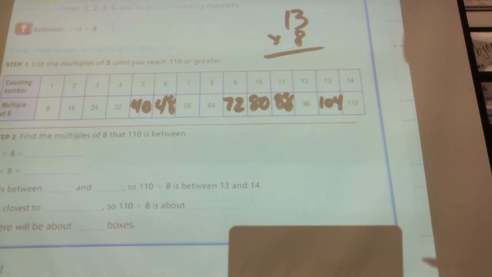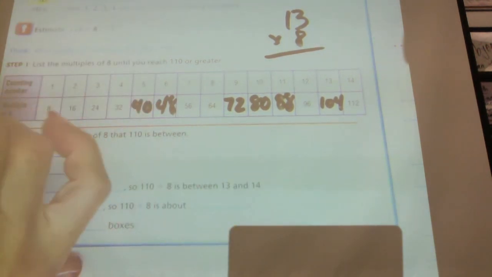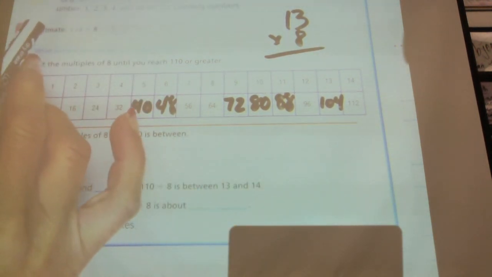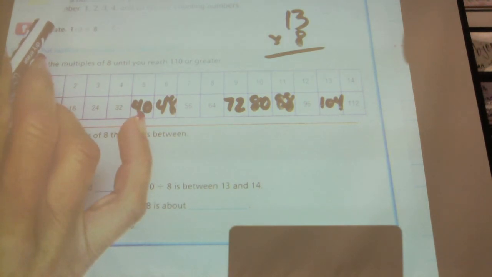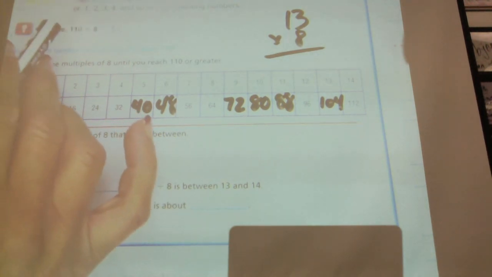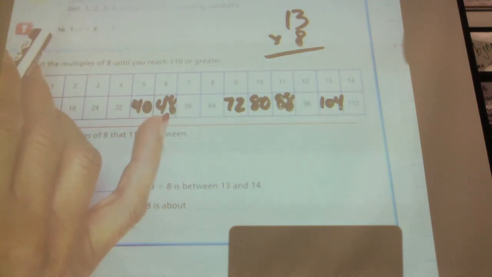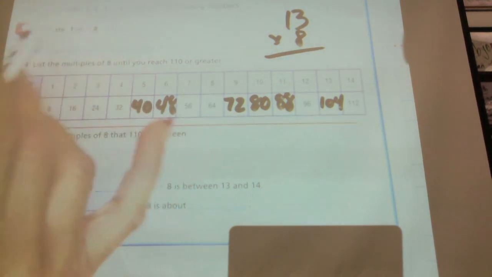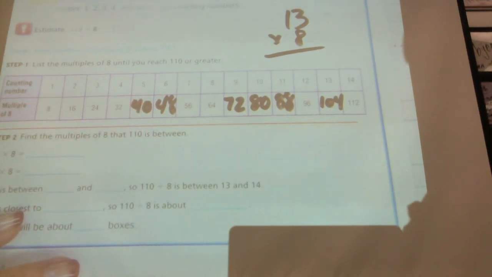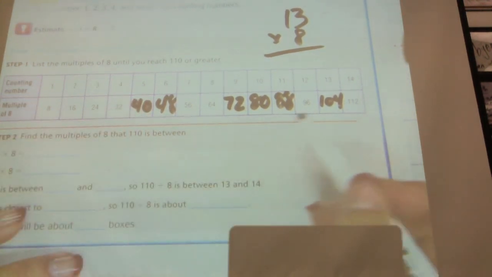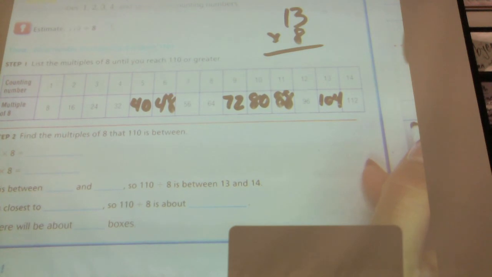All right. So the question asked, they made 110 pumpkin muffins, and they packed them in boxes with 8 muffins in each box. About how many boxes will there be? So if you look at my chart here, can you tell about how many boxes there will be?